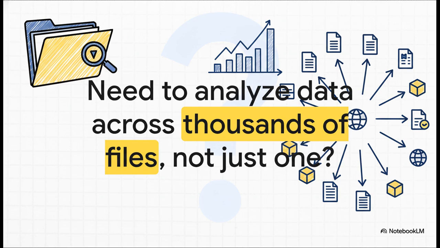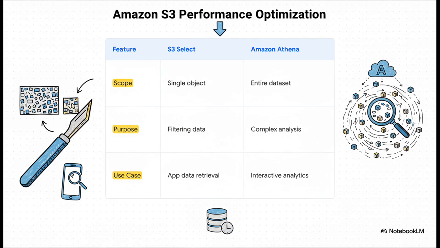So S3 Select is our scalpel, right? It's perfect for surgically extracting a piece of data from a single file. But what happens when your question is bigger? What if you need to find trends across an entire data set that spans thousands, maybe even millions of files? And that is the perfect time to bring in its big brother, Amazon Athena. This table lays out the difference perfectly.